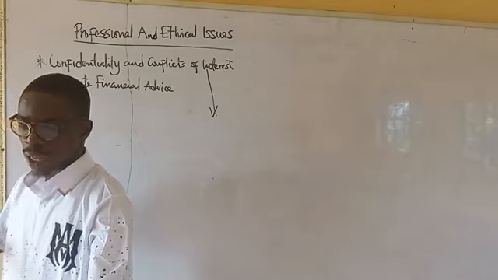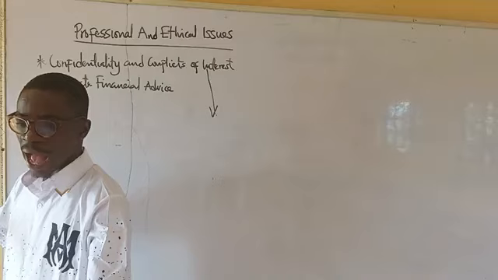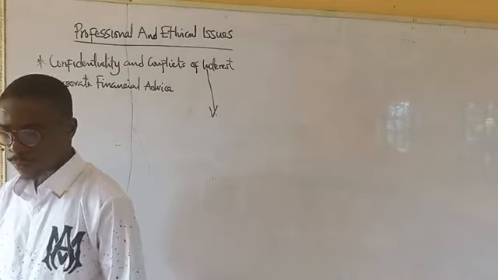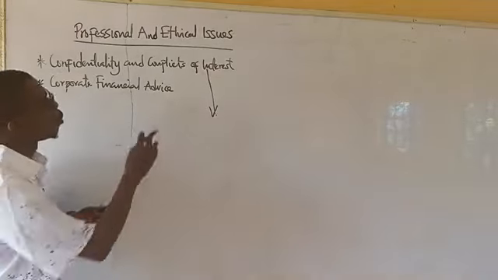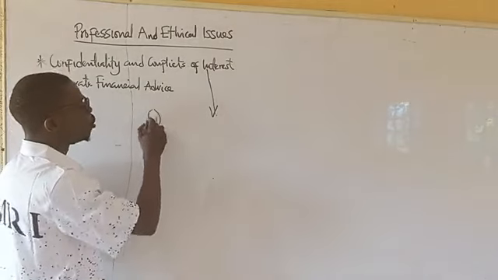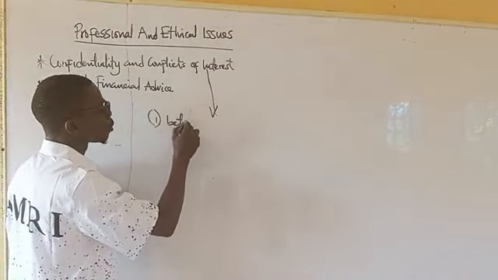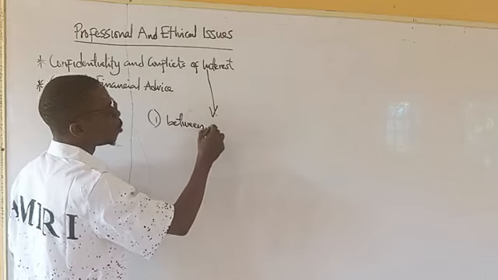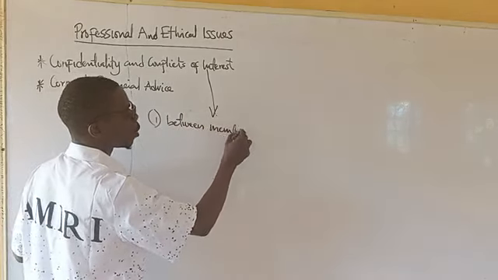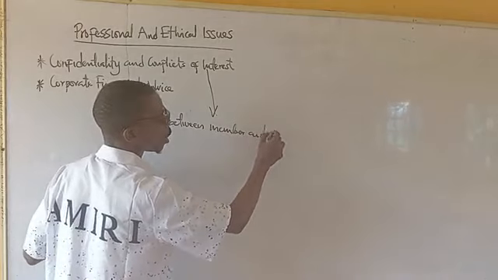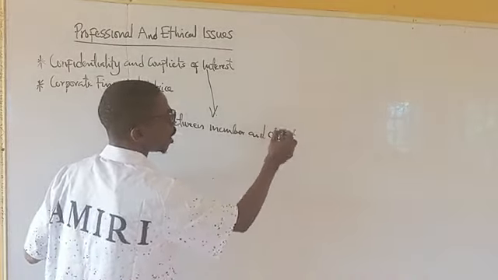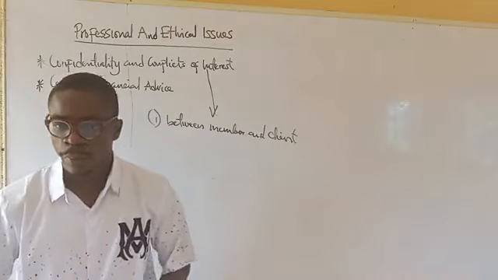Between a member of an audit and what? A client. Now look at it. Conflict of interest can occur between member and what? Client. Now, what do you mean by member and client?